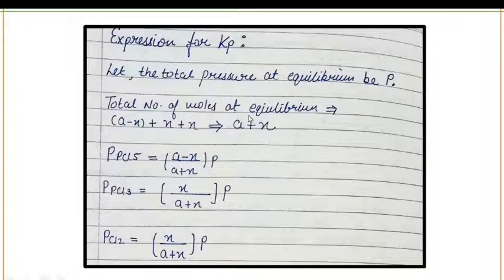Now, the expression for Kp. For calculating the value of Kp, you need the total number of moles at equilibrium. After calculating it, you will get the value as A plus X. And you know it very well, for reactant and product the partial pressures will look like this: A minus X upon A plus X into P for PCl5, and for PCl3 and Cl2 the partial pressure will be like this.